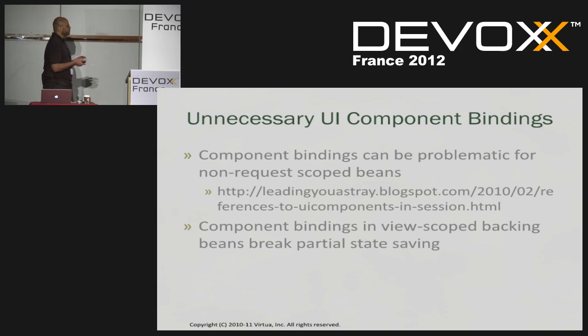It's a really good overview of the issues that happen with component bindings on session scoped beans. On view scoped beans, it's much more logical. But basically, there are some nuances to keep in mind if your bean lives longer than request scoped. Request scoped bean, there's no problem at all.